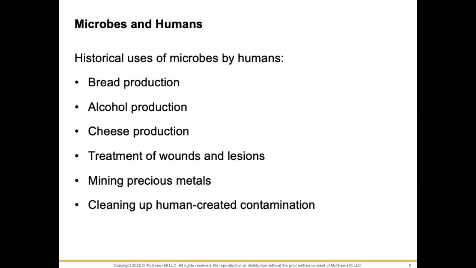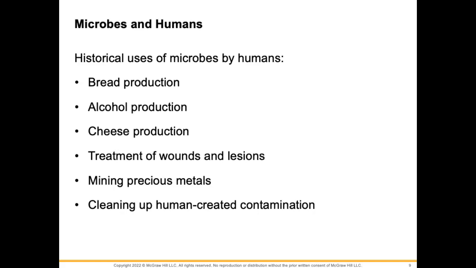Historical uses of microbes by humans. Obviously, if you make bread, you use a little bit of yeast to make some bread. You go to Texas Roadhouse and have those yeast rolls that they bring to your table. Those are really good. That's part of the deal. These microbes help to make bread. Obviously, alcohol, cheese.